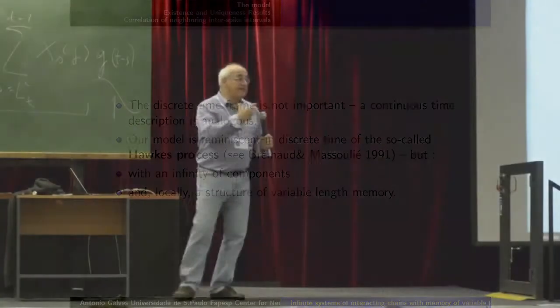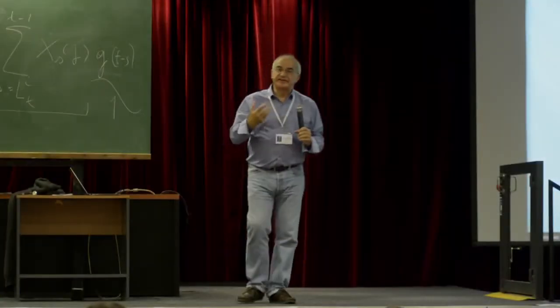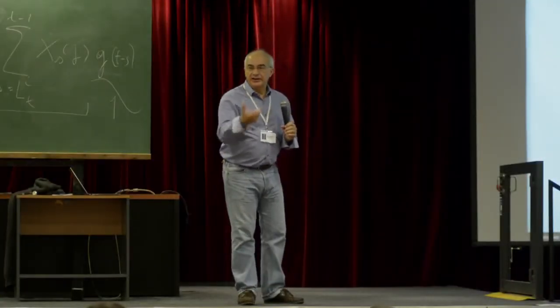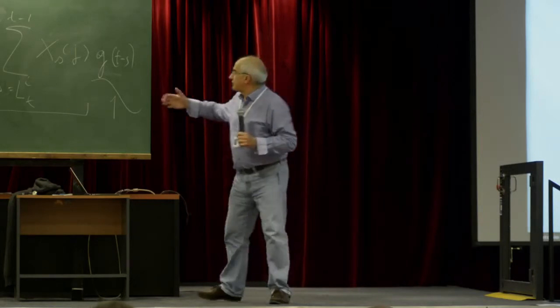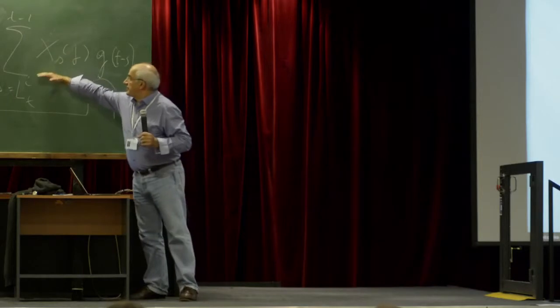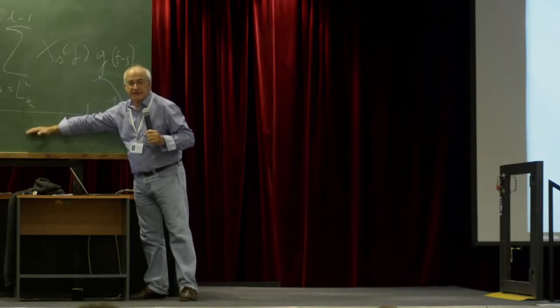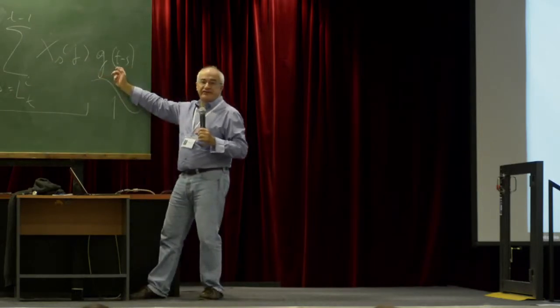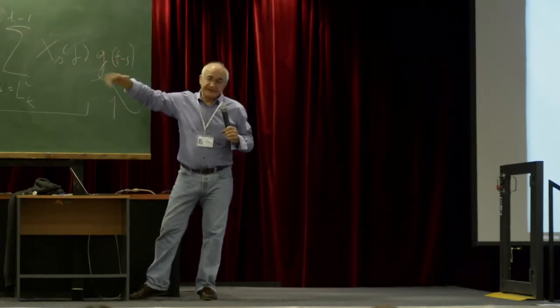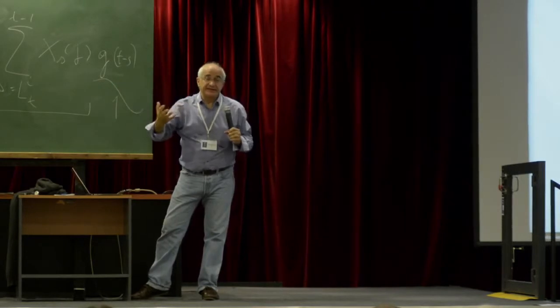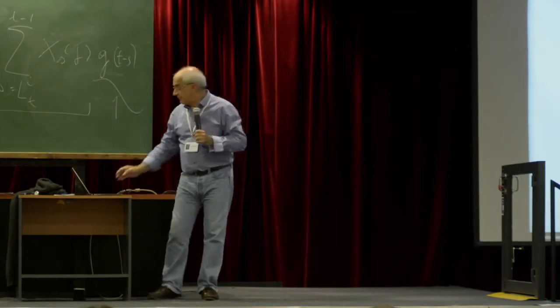And we have this particularly interesting structure of locally having this variable length memory. So a Hawkes process would be something in which the sum goes back to minus infinity, and there you have a decreasing function to make the sum summable. But this is less interesting from, I guess, the statistical and applied point of view.